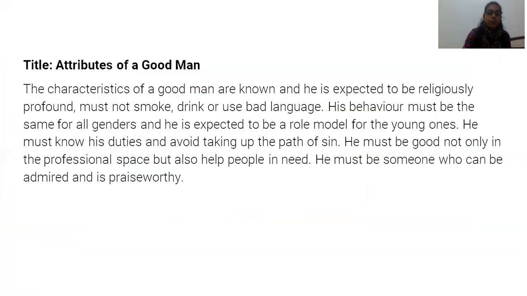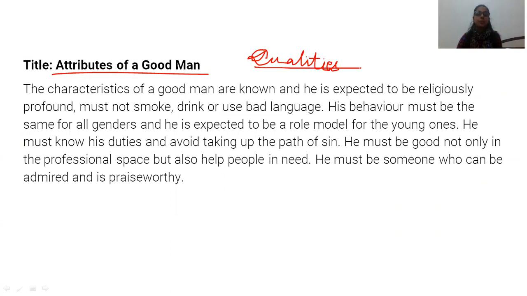So the title of the passage should be attributes of a good man, or you can write qualities of a good man. That means the same. Or you can write how a good man should be, or definition of a good man. So many titles can come up.